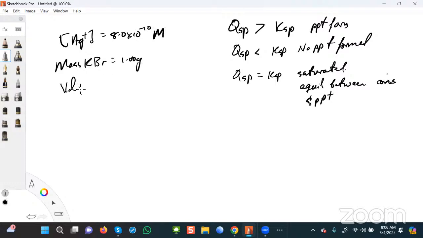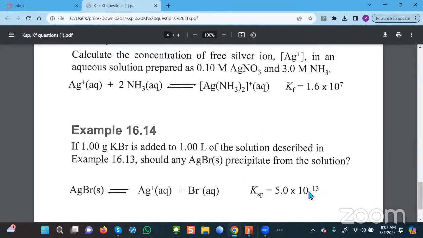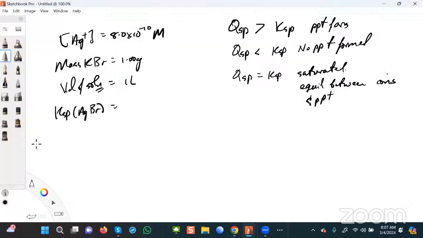The volume of solution is 1 liter, and the KSP for AgBr, silver bromide, is equal to 5.0 times 10 to the minus 13.